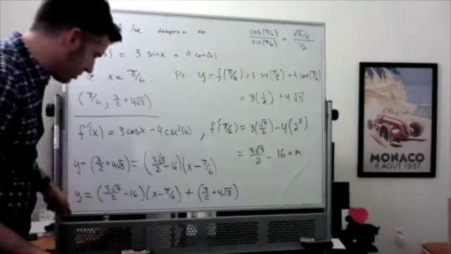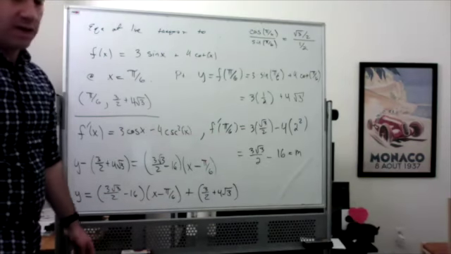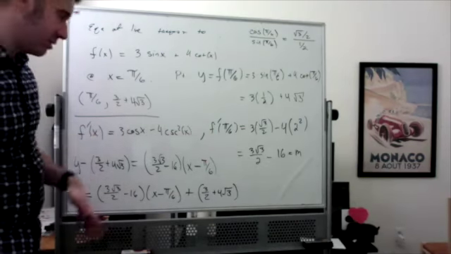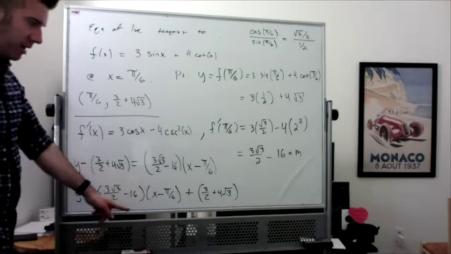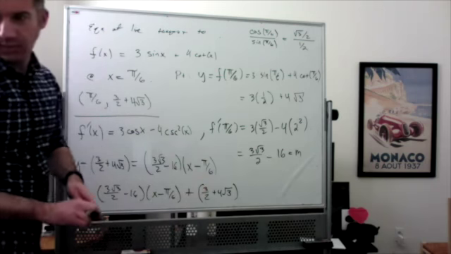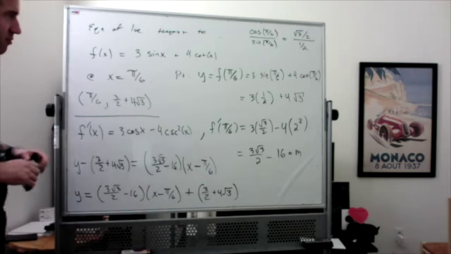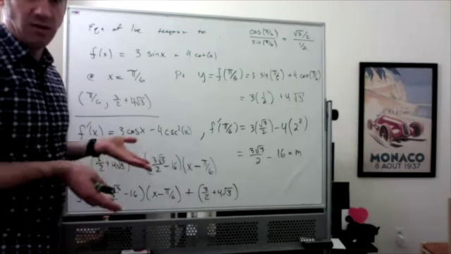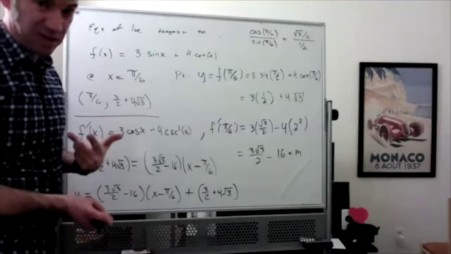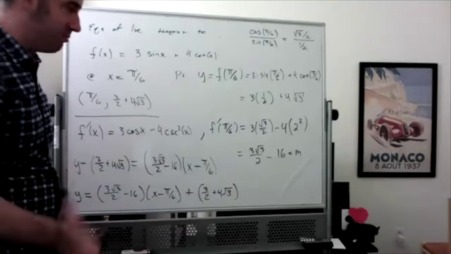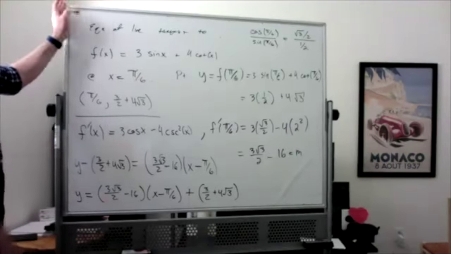You should just slam this into WeBWorK and let it take care of the rest. There's no reason to get a common denominator here or anything like that. But WeBWorK has some equally gnarly tangent line questions where the slope is not nice, the point's not nice, and this is what you do with that.